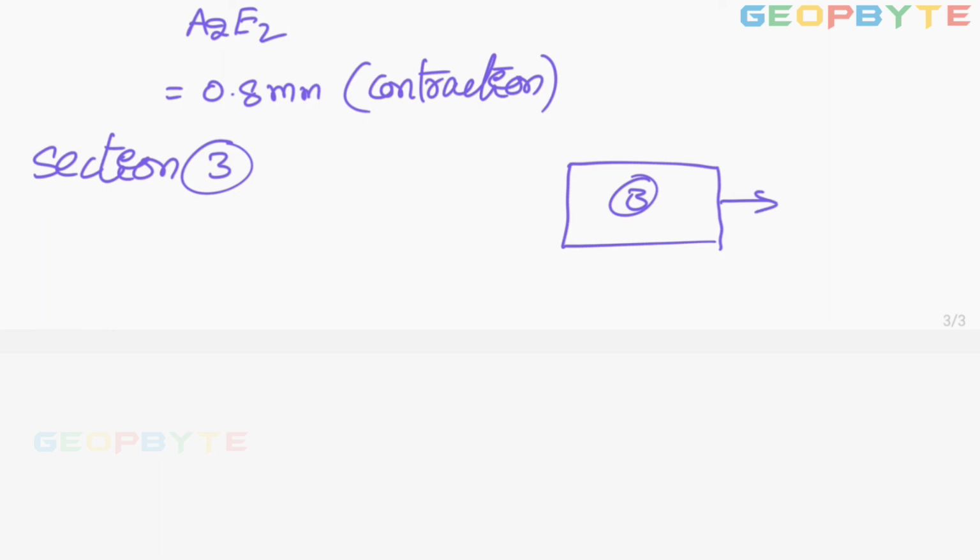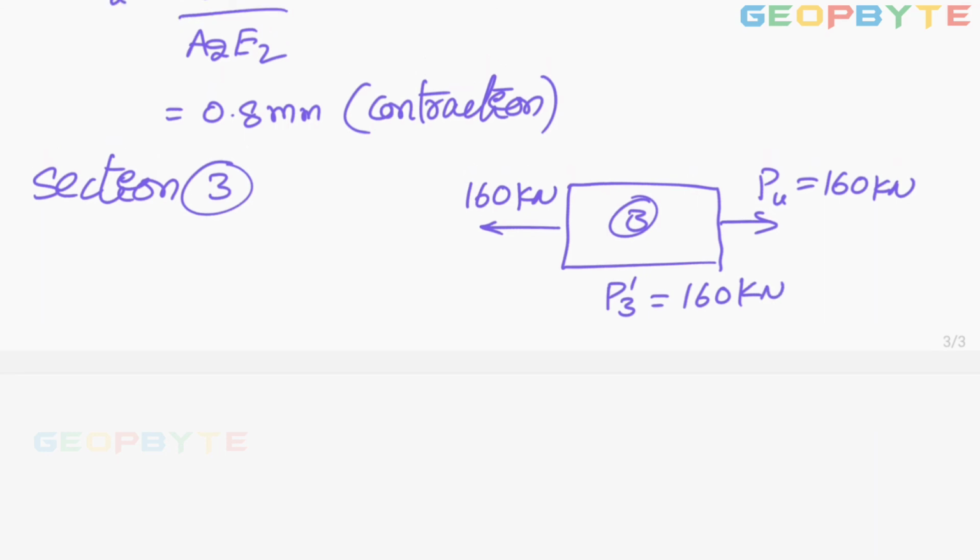This is P4. According to given notations, P4 equal to 160 kilonewtons. The opposite end must be 160 kilonewtons. Therefore, the resultant load for section 3 may be marked as P3 dash, that is 160 kilonewtons.